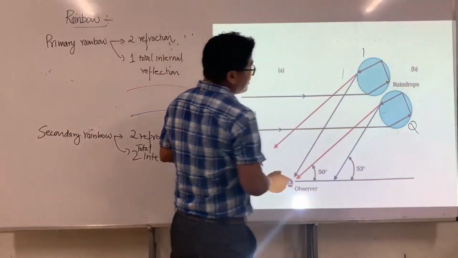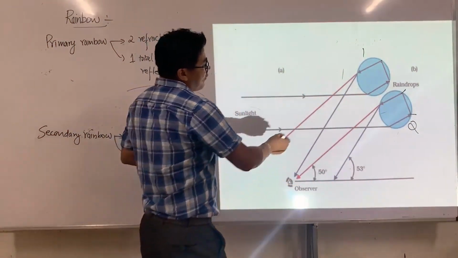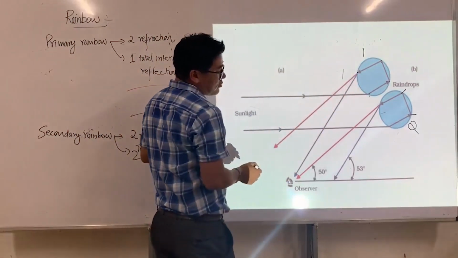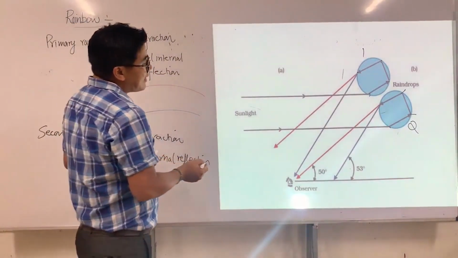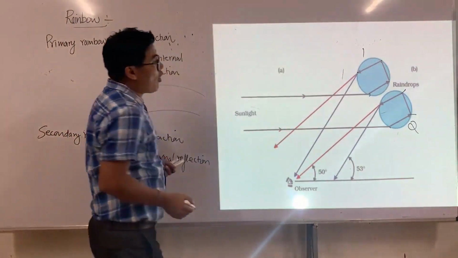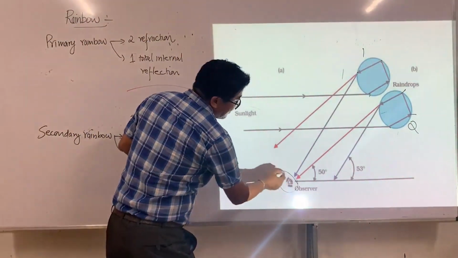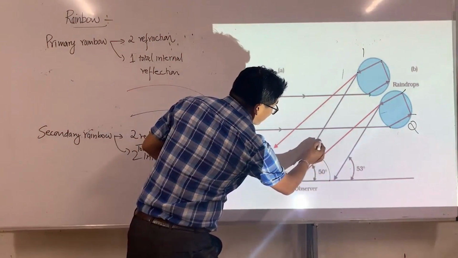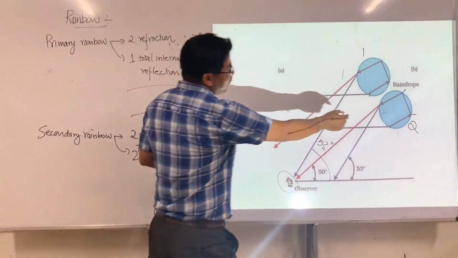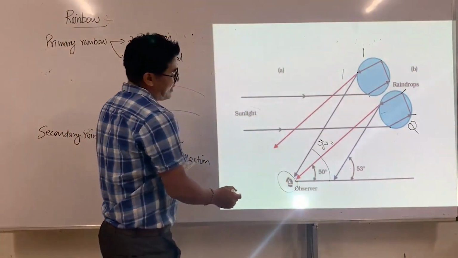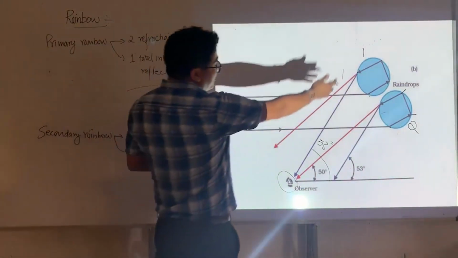This is the first reflection, this is the second reflection, then the first refraction, the second refraction. The violet from the first raindrop enters the eye at an angle of, let's say, 53 degrees, and the red from the second drop enters your eye at an angle of 50 degrees. All other colors lie between these two.